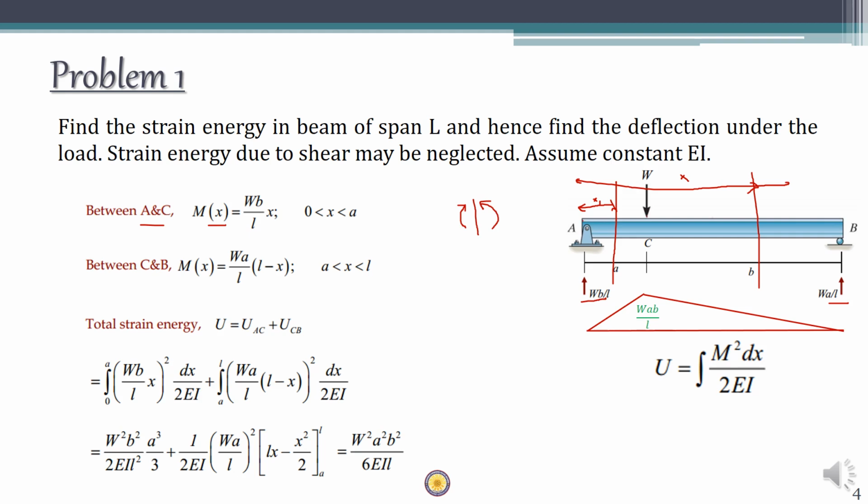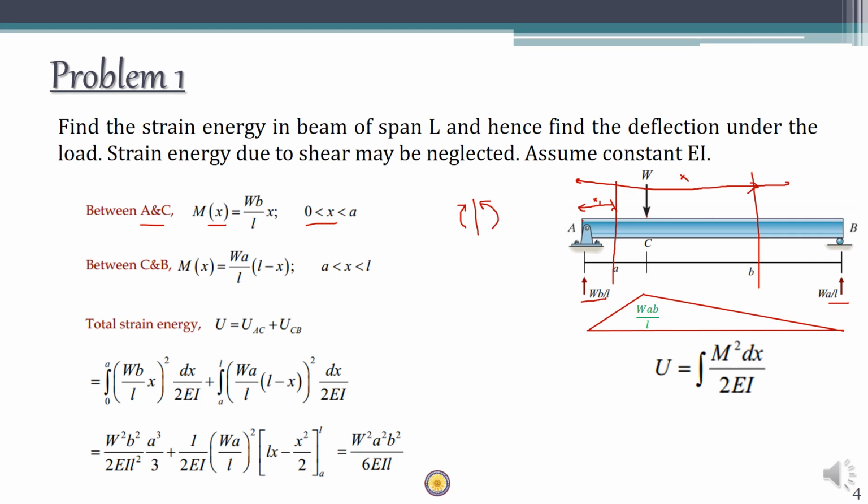Now for the section CB, we will consider a section away from C at a distance of x from A. For section CB, if you consider a section here, on the left we have two forces, on the right we have only one force.